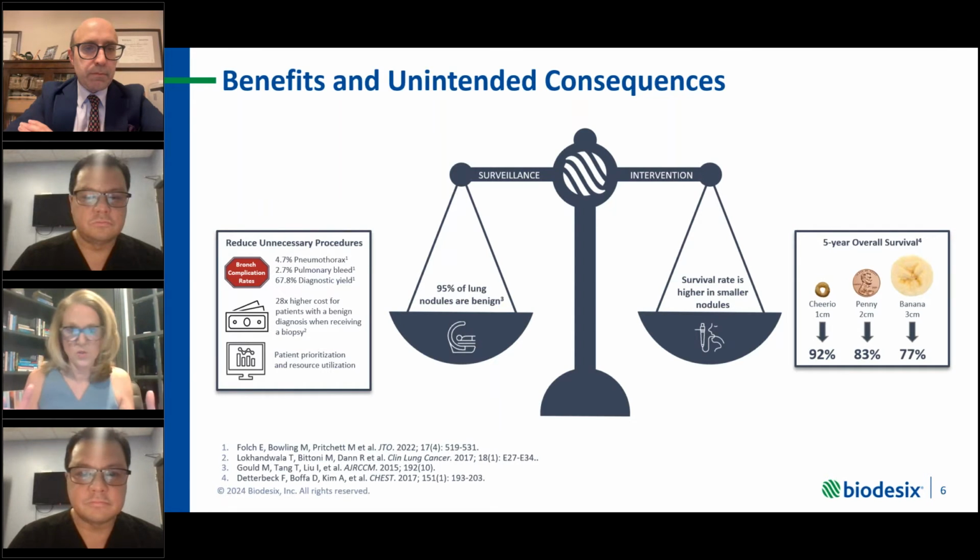We do not encourage you to turn on nodule programs without a structure in place, but the Biodesix test is a piece in your toolbox that's going to help you get to this beautiful benefit at the end, which is early stage lung cancer. Everything that I do, each change that I make, I am looking at my stage 1A disease within HCA and within my health system.